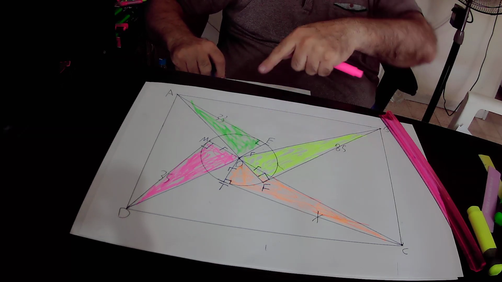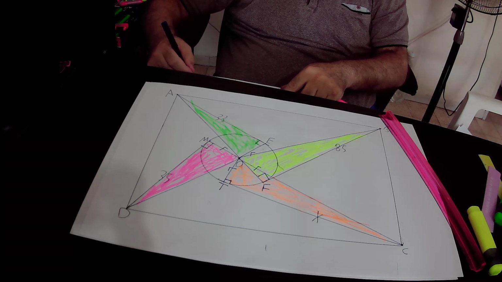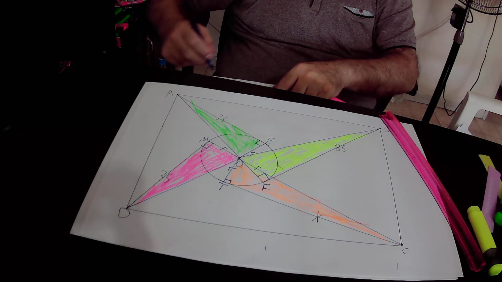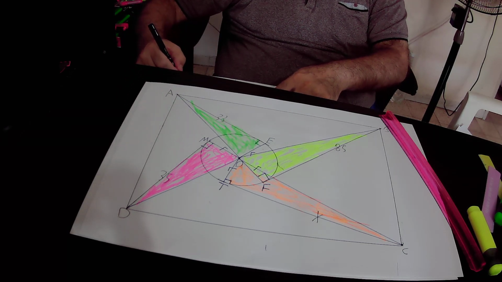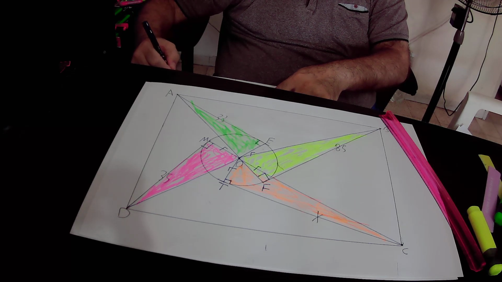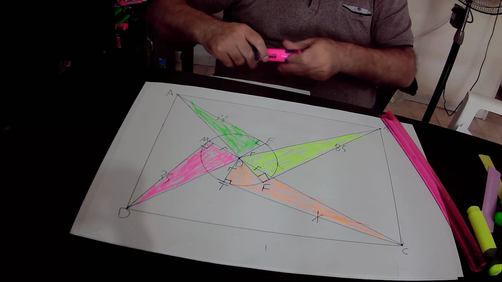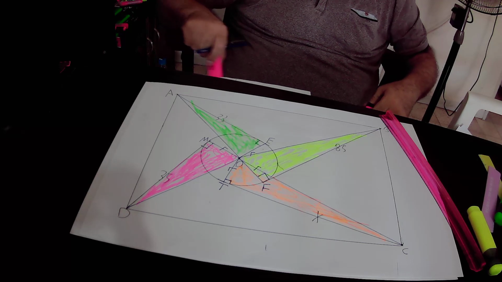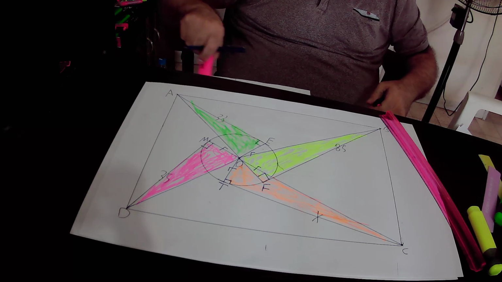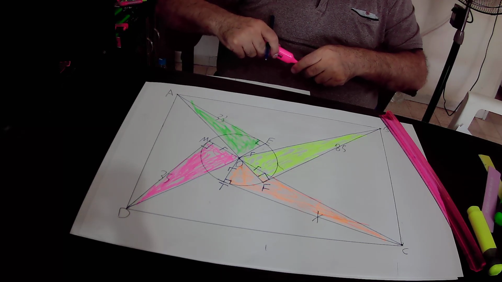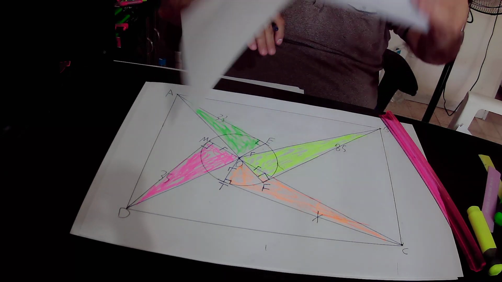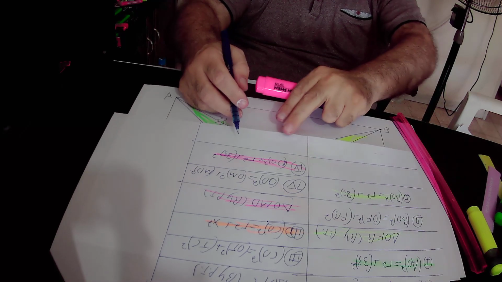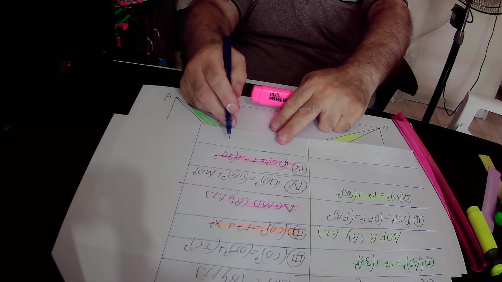OM is R, therefore OM squared is R squared, plus MD squared. MD is 35, therefore MD squared is 35 squared. So in conclusion, according to equation number 4, DO squared equals R squared plus 35 squared.